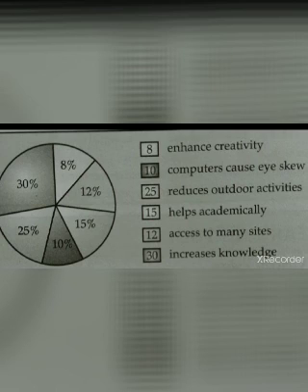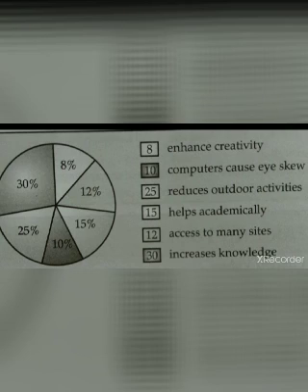There were many others, in fact 30% people who believed that information technology increases knowledge and helps in the growth and development of a child, as compared to 25% people who were of the view that computers attract a child towards itself, which results in the reduction of their outdoor activities.